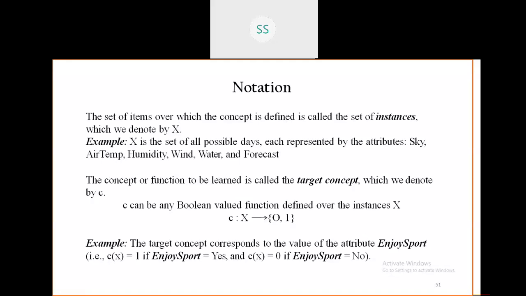The concept or the function to be learned is called the target concept. That is, the function you are choosing or learning is called the target function, which is denoted by C. C can be any boolean valued function defined over the instances X. C: X, if it is chosen it is 1, otherwise it is 0.